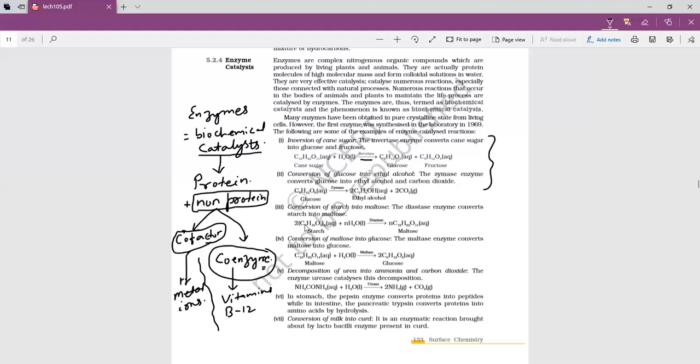Now, similarly, when starch is converted into maltose, then we name it as maltase or diastase. See, it is maltose, C12H22O11 is maltose. Now, you may say that, sir, this formula is same as that of cane sugar. Yes, they are isomers of each other.